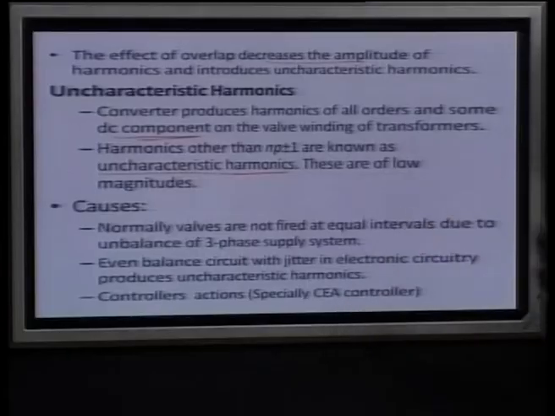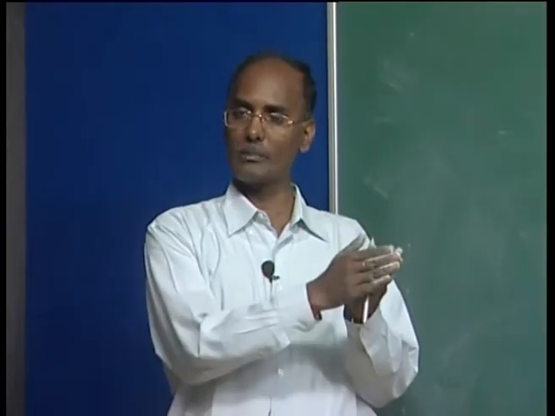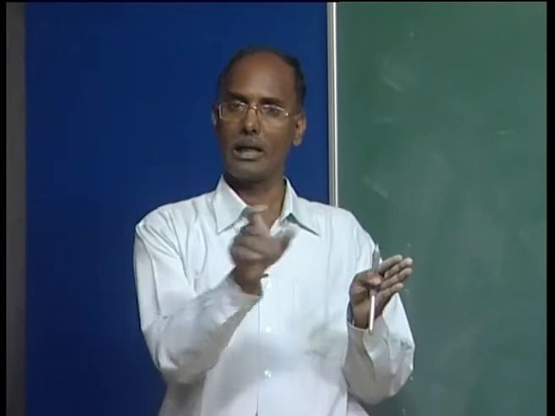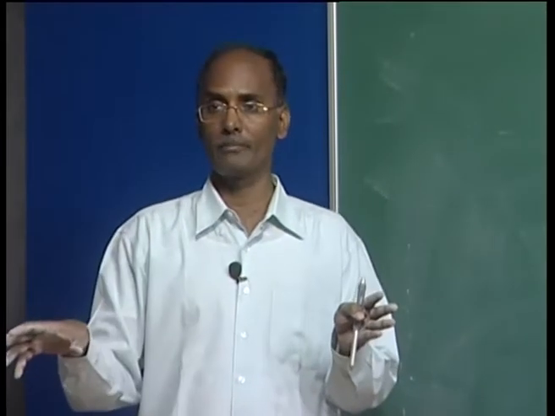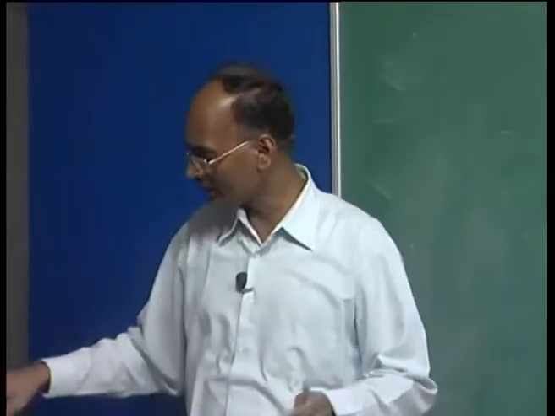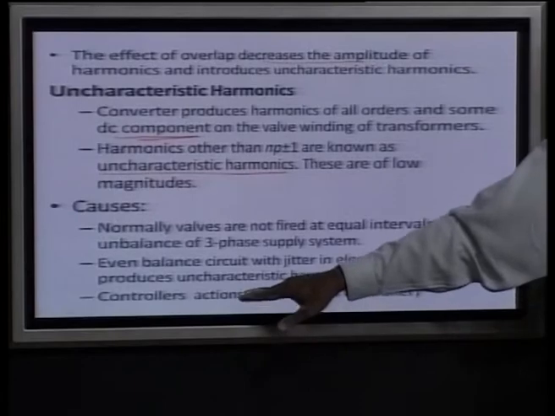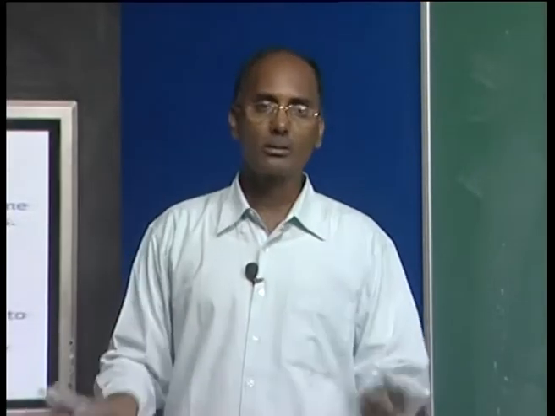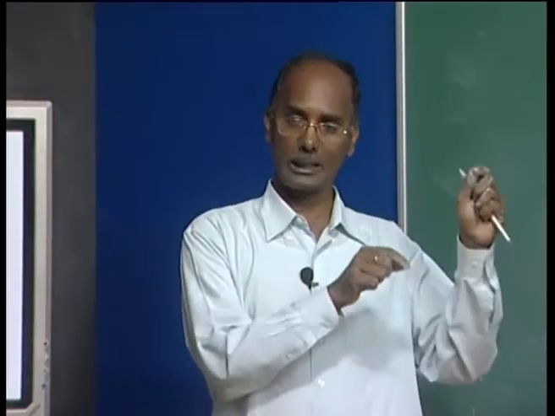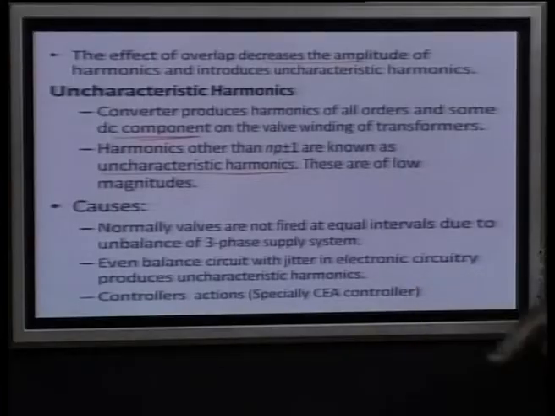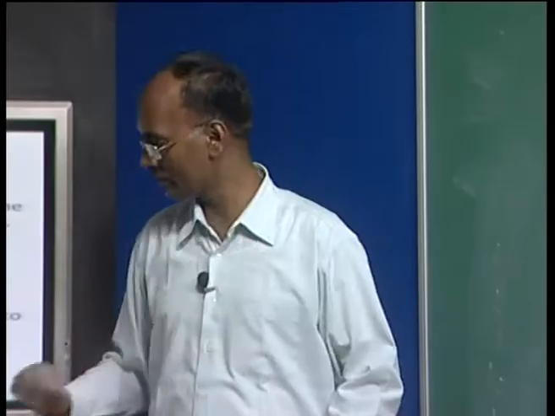Especially the CEA control is very prominent, because we calculate this angle, the beta, well in advance, and we maintain the gamma, and if there is some problem, because the AC inverter side is a very weak system, it creates a lot of problems. So the CEA control introduces more harmonics due to the control action than CC, but both introduce uncharacteristic harmonics. The current controller is on the rectifier side, CEA control is used on the inverter side, but this is more prominent because more fluctuation is changing.